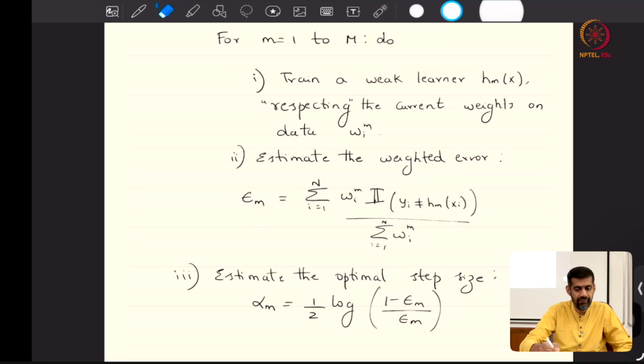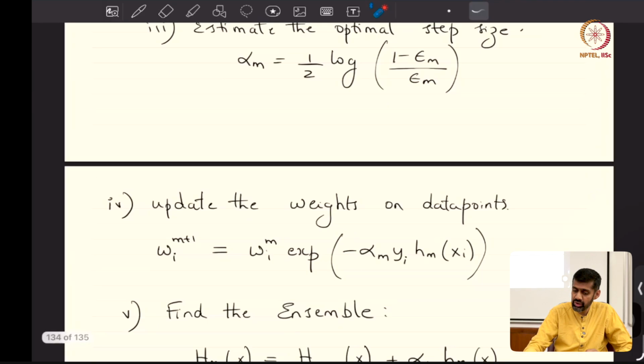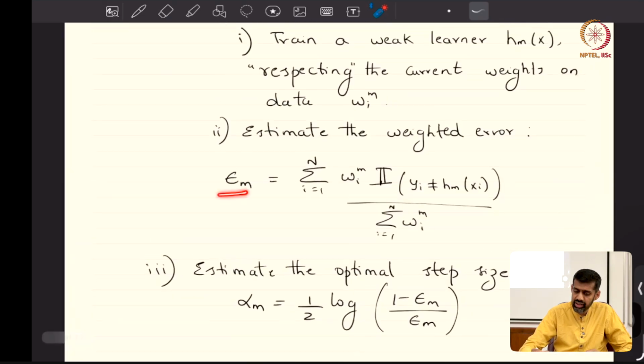So these weights decide the probability of picking up that particular data point. So here the weights are slowly decaying to zero then? Why would they? Because I think in the update step you're multiplying with the exponential. So are they slowly shrinking to zero? No, they don't have to, because not all weights will shrink to 0. Look at this, epsilon m is only for data points that are misclassified, so it need not go to 0 at all.